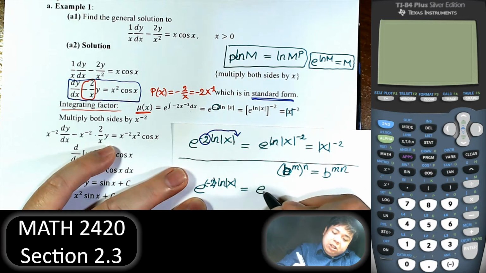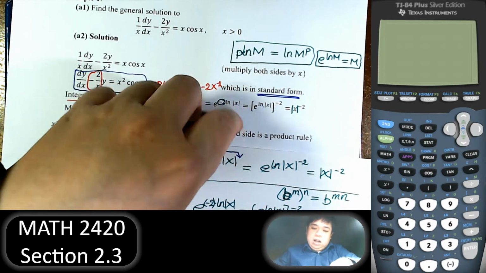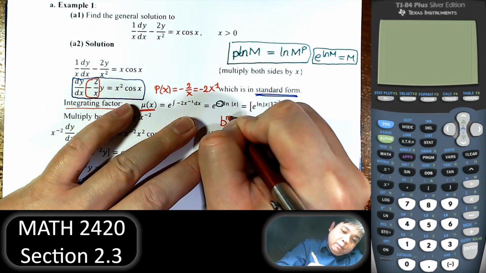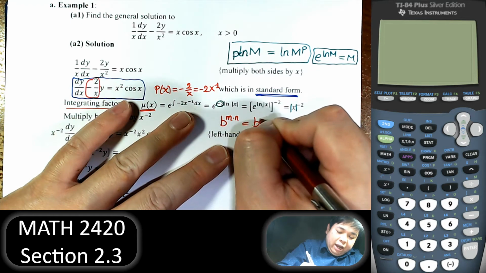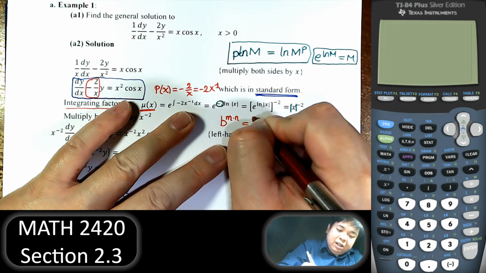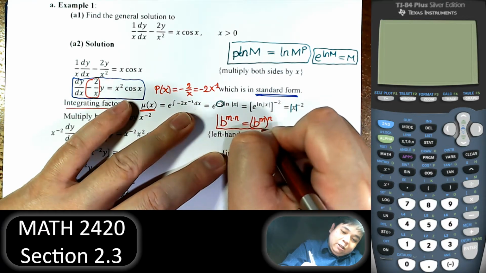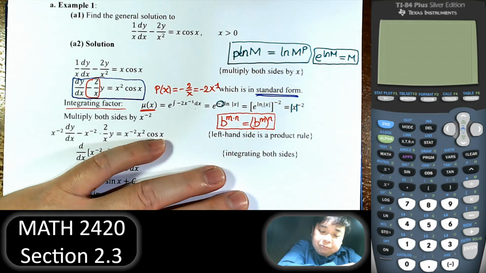So this is just e to the ln of x, and then to the -2. So this step from here to here, I use these properties. Or you can use those two properties either way.